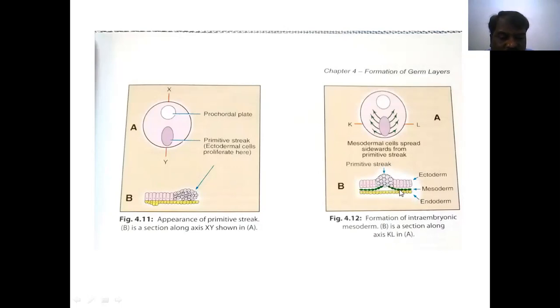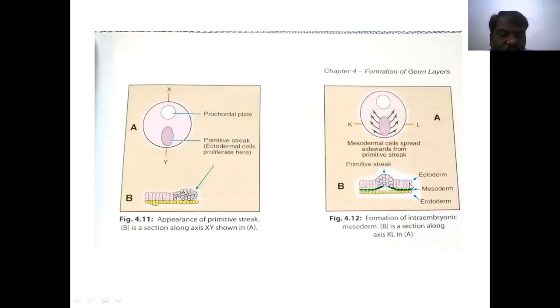This green color they are showing is called the mesoderm, the third layer. See, from the ectoderm only, the primitive streak forms. From the primitive streak, some cells specialize and push between the ectoderm and endoderm, forming the third layer, the mesoderm. So at this level, we are identifying ectoderm, mesoderm, endoderm. Here the three germ layers are formed.